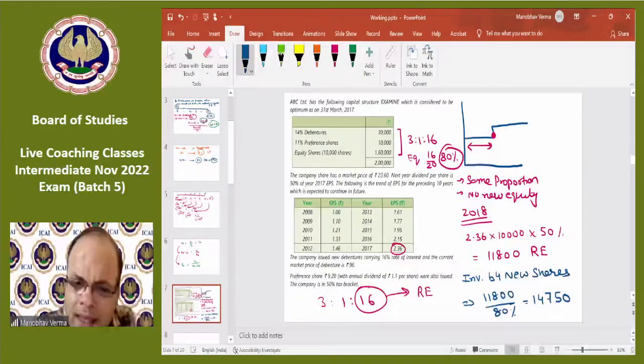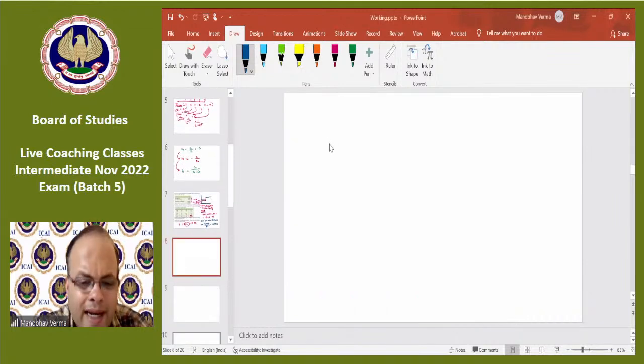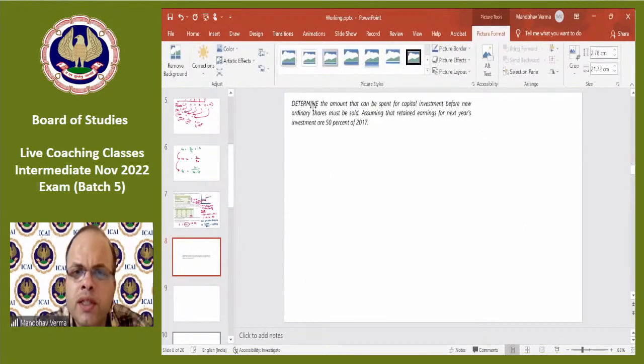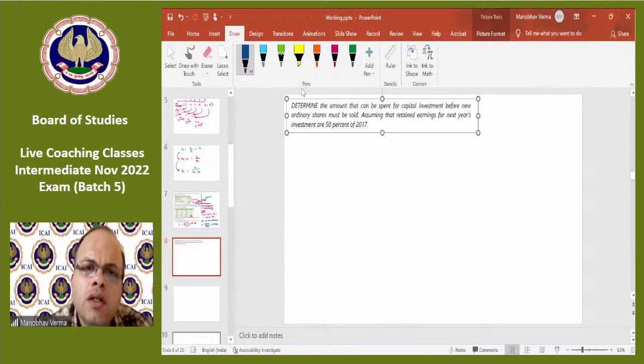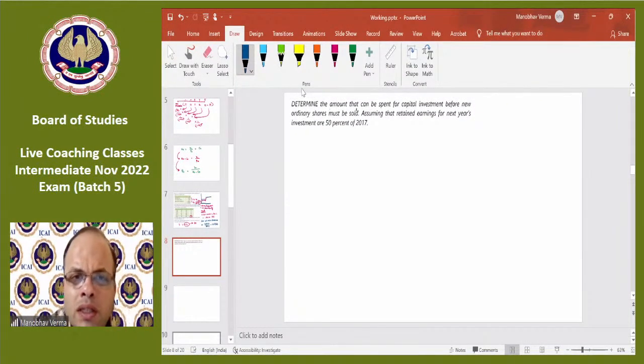I will explain this once again. This is a very, very important concept. Let me do this. On the next slide, I'm just putting in that question. The requirement was, you tell us that amount that could be spent for capital investment before new ordinary shares must be sold.